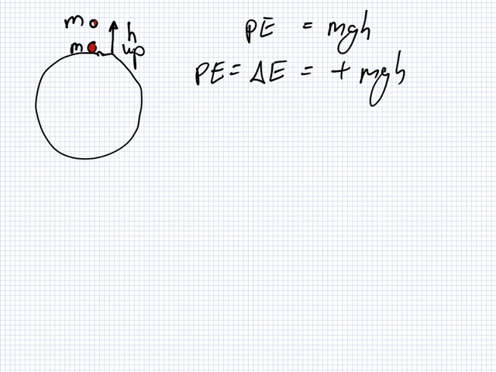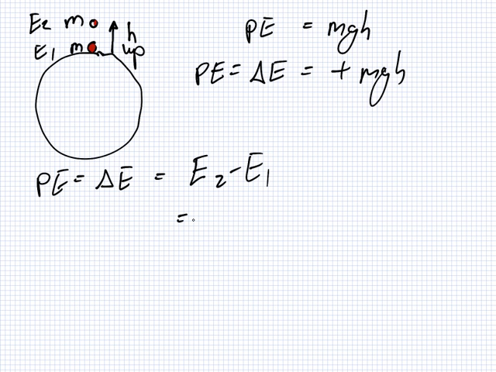But according to my new formula, the change in the potential energy is equal to the energy on the top minus the energy on the bottom, because this energy is bigger than this energy. And we just gave a formula. What was that?